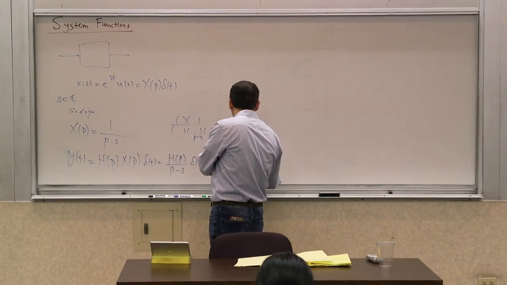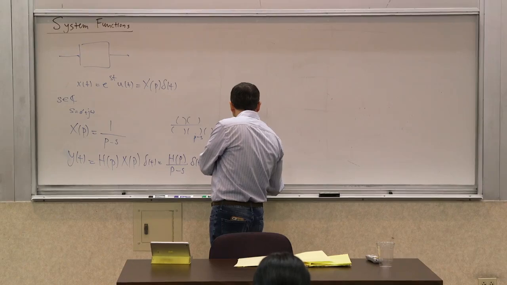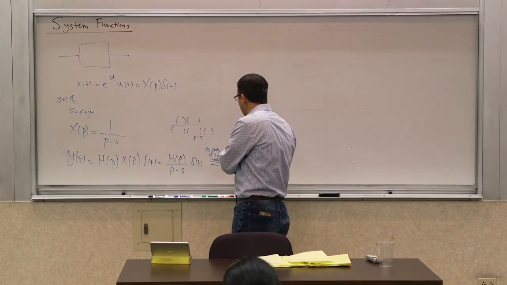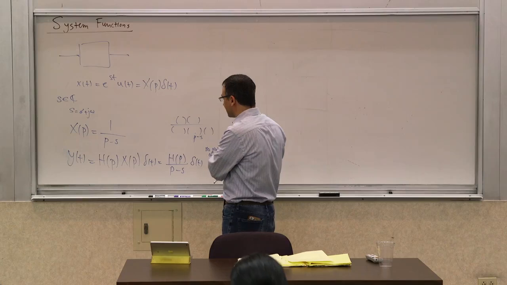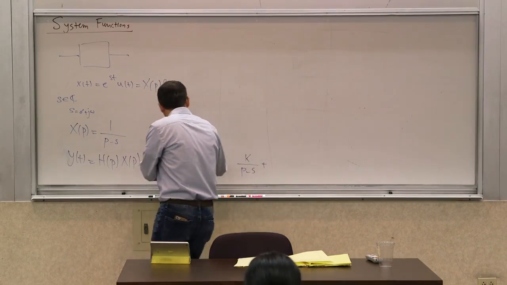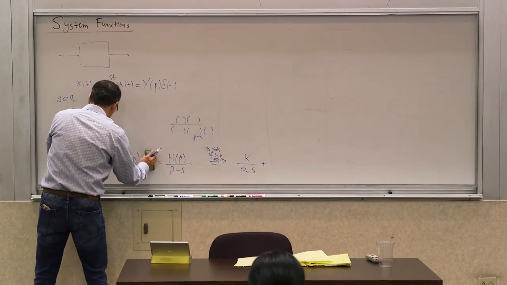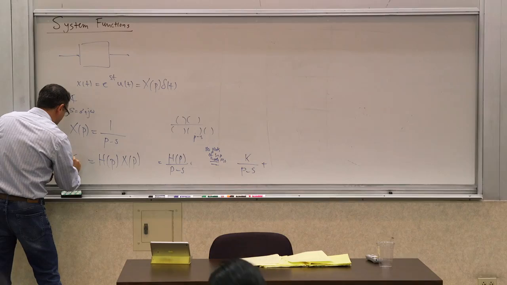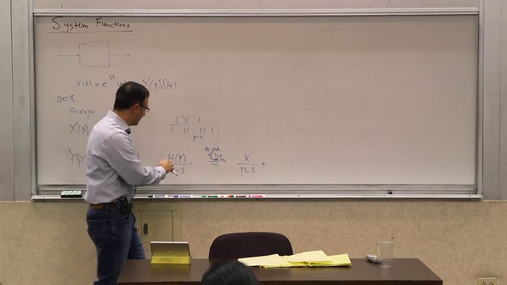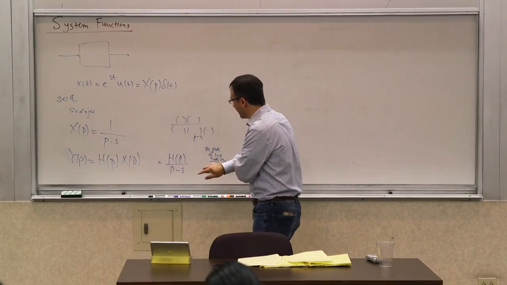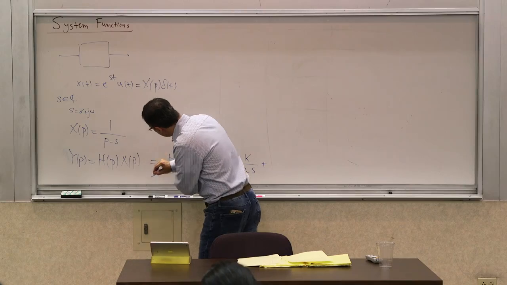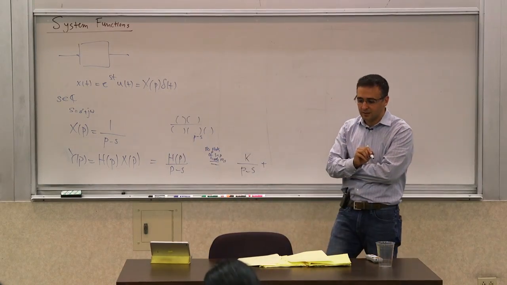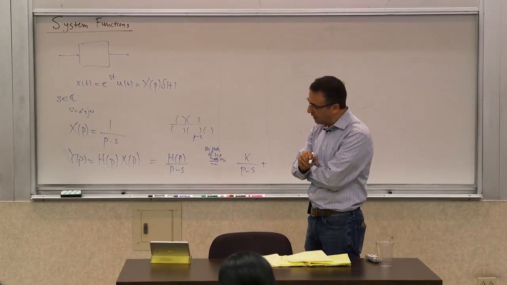Because then I would be having some k over p minus s plus, and let's forget about the delta. Let's just get rid of this delta and make this y of p, because that just carries around and doesn't do anything good for me right now.